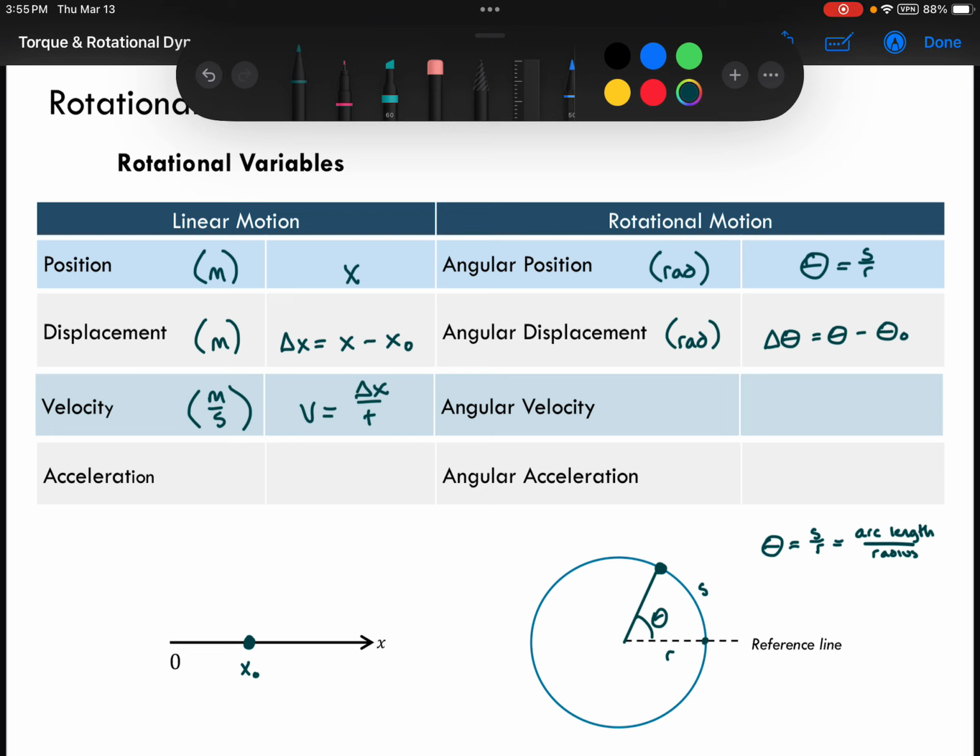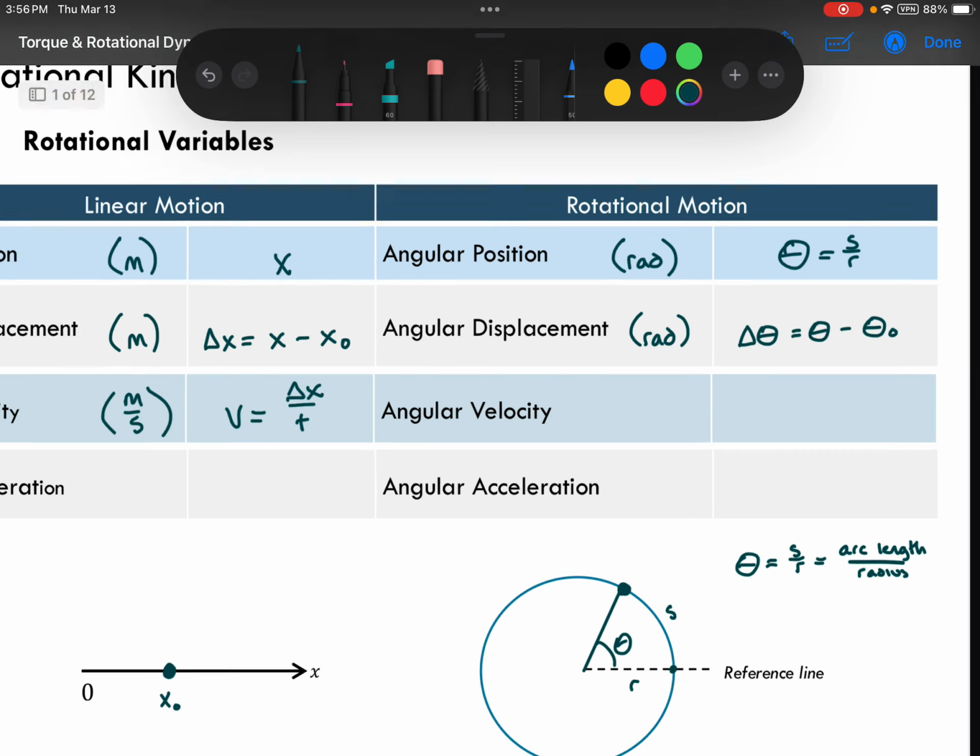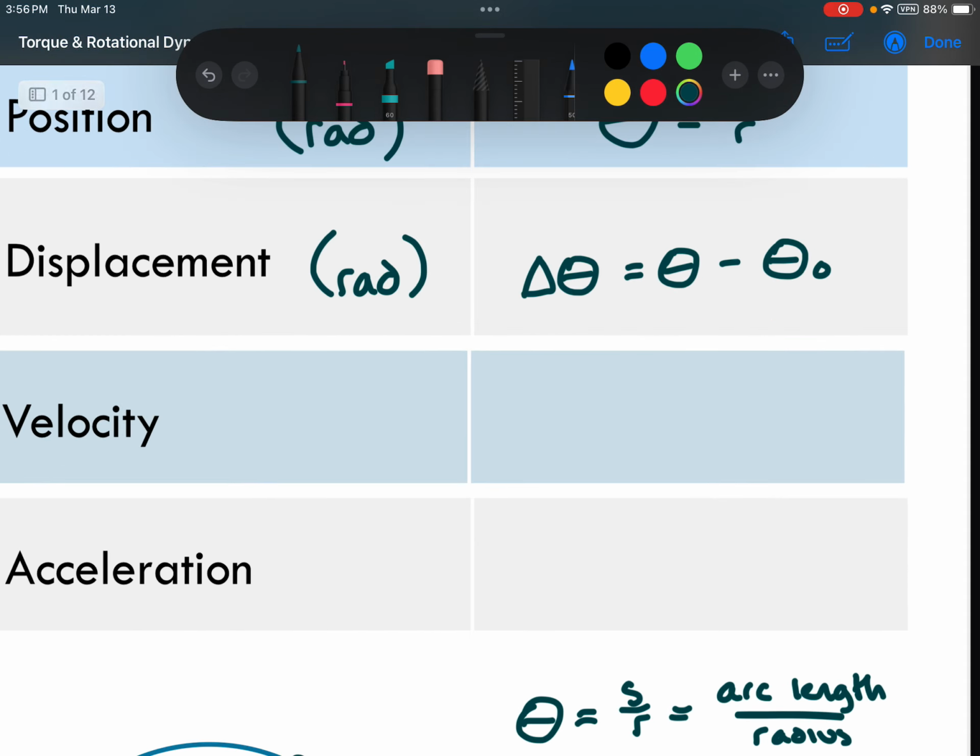Right, angular velocity is going to be built off the same idea. Our variable for angular velocity is the Greek letter omega, so it kind of looks like a curly W, and it's defined the same way. It's angular displacement over time, so delta theta over t.